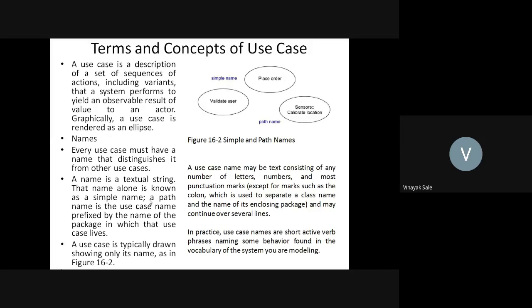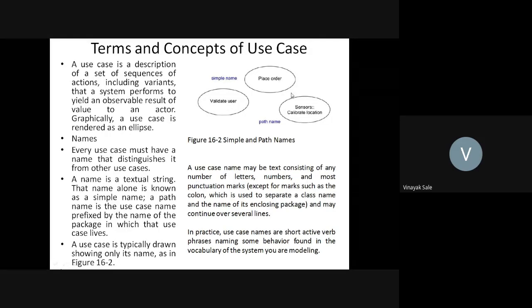Graphically, a use case is rendered as an ellipse. As shown in the figure, these are the ellipses. This ellipse, or elliptical shape, is known as the use case, and these are simple names: validate user, place order.